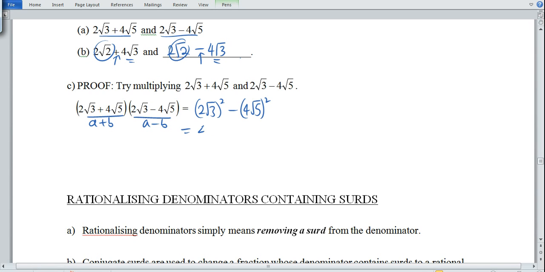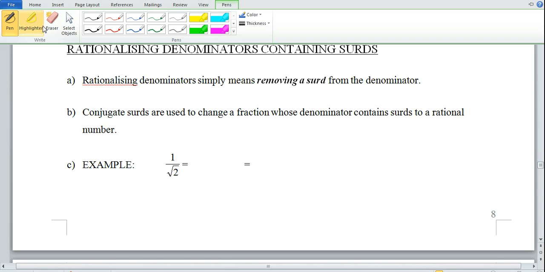And so I will get 4 times 3 minus 16 times 5. If I evaluate, I will get negative 68. So a special property of conjugate surds is that if you multiply them together, you will obtain an integer without surds.